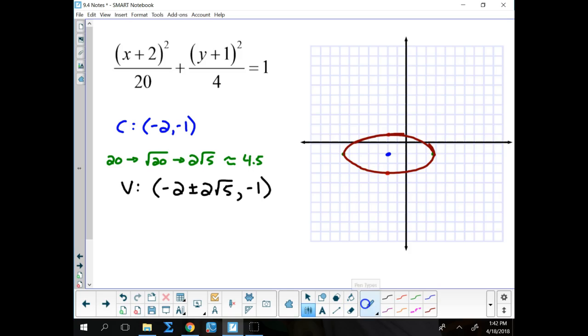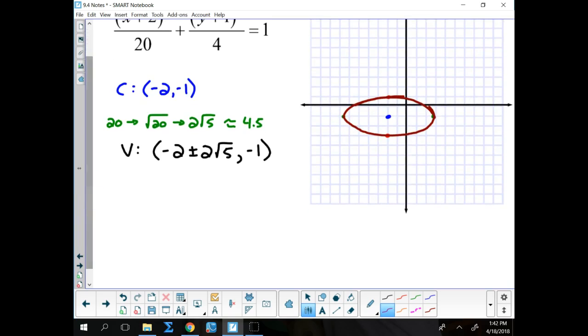Alright. So then c squared is going to be what? So c is 4. So where are my foci?